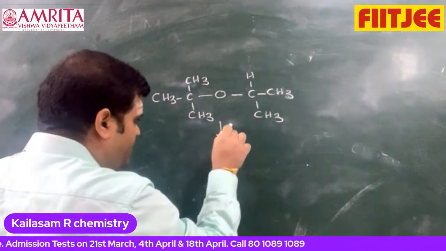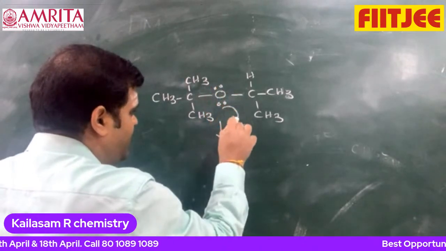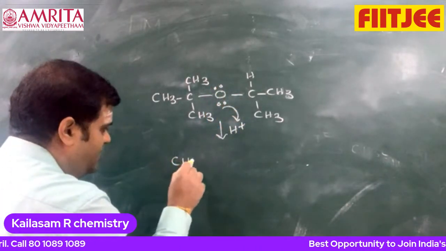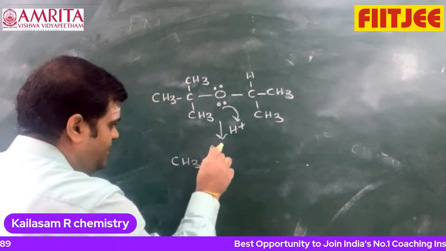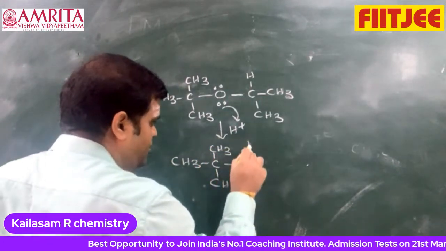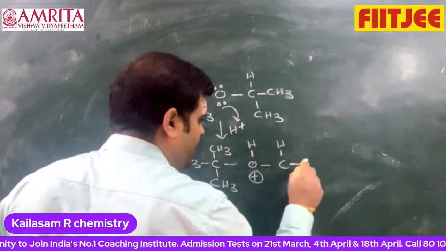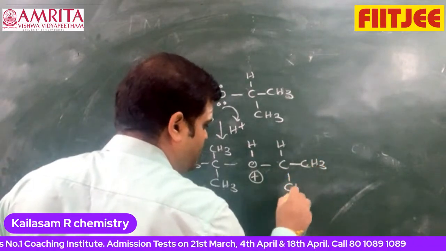Same thing, I'm using H plus. Here the lone pair of electrons attacks, so I can write the protonated ether with a positive charge, with the CH3 groups on the tertiary carbon.